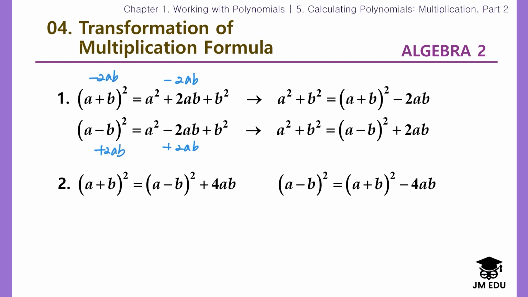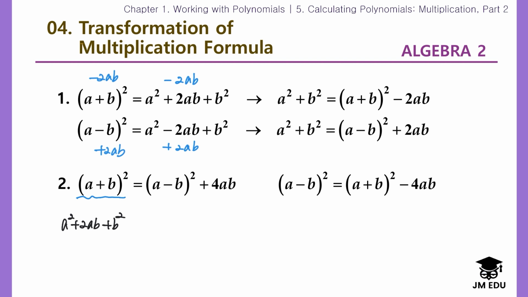Okay. Number 2, (a + b)² is equal to (a - b)² + 4ab. Why? If we expand this, that's going to be a² + 2ab + b², right?